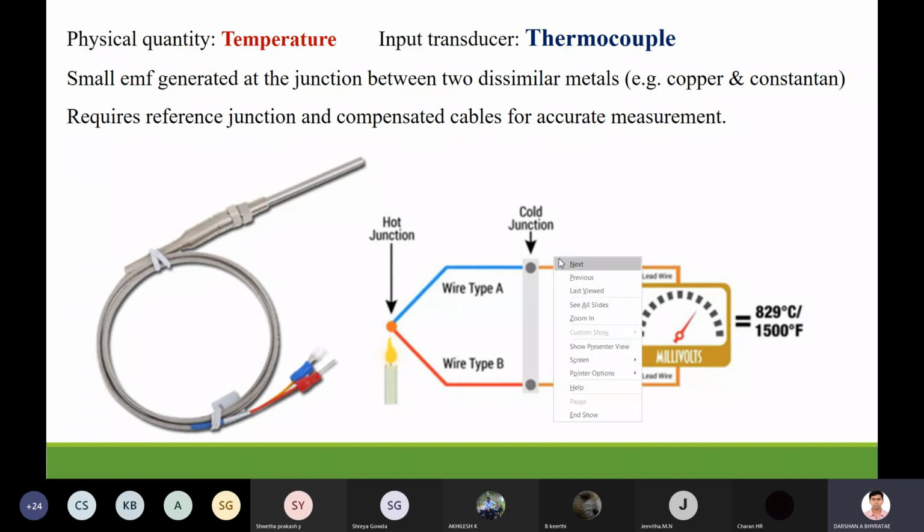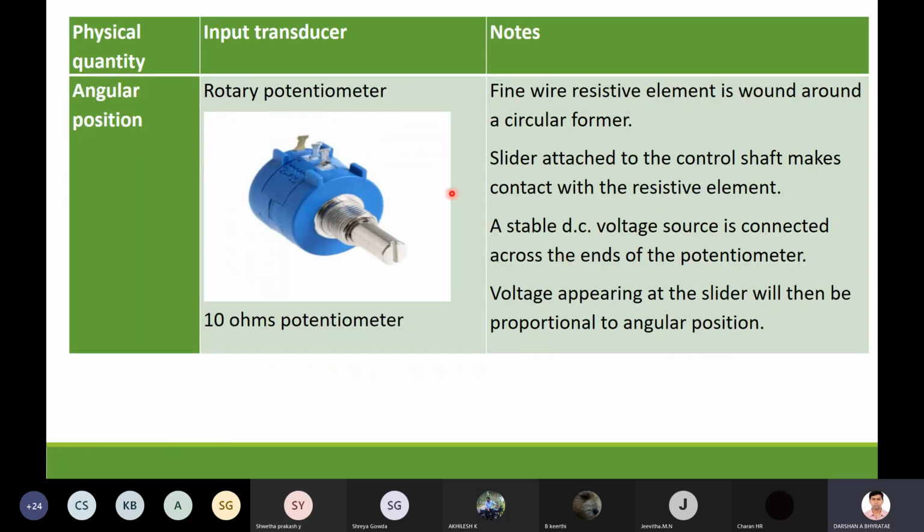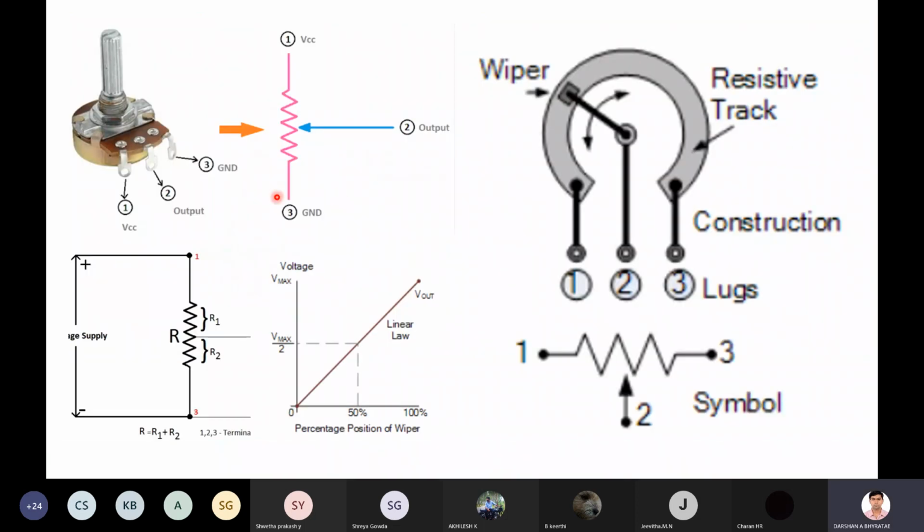The next is the potentiometer, or we call that an angular position. Let me go to the next slide, there is a brief description on that. In the potentiometer, we have three terminals, 1, 2, and 3.